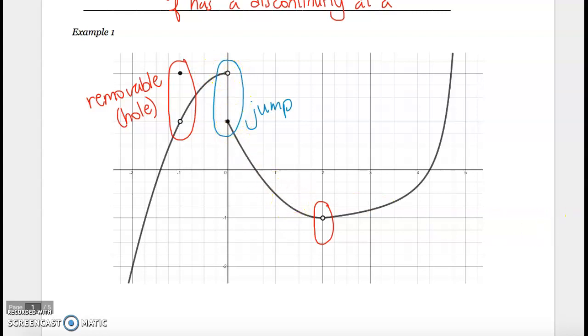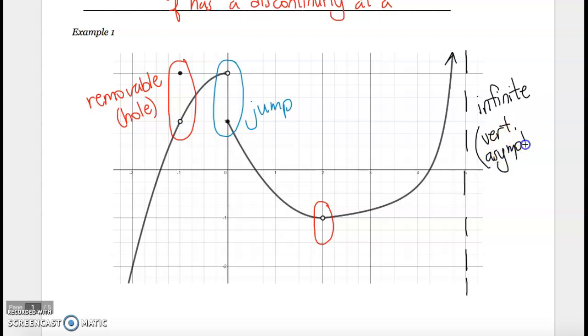And then the last one is actually important that we draw this line as well: whenever you have a vertical asymptote and your graph approaches that asymptote forever, this is what's known as an infinite discontinuity. Okay, and it's recognized by a vertical asymptote. Okay. So those are graphically what happens.